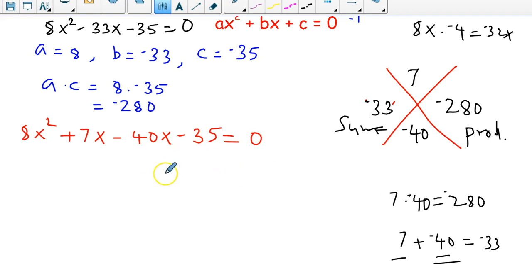Now, you can find the factors of this by making use of that box method or that area model, or by using distributive property. We can take out the common factors and then factorize. Okay.